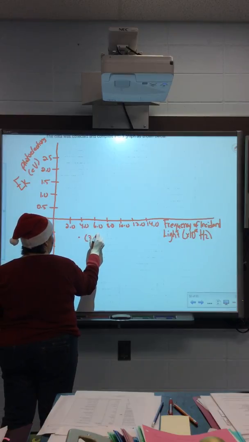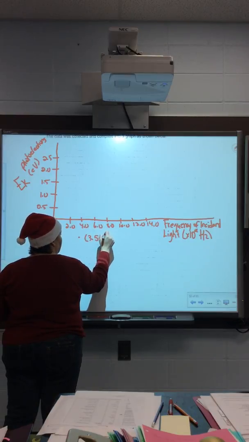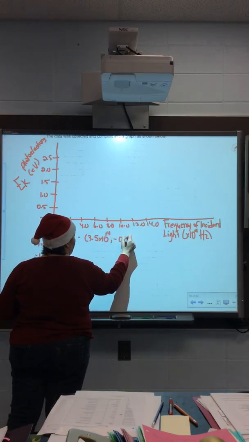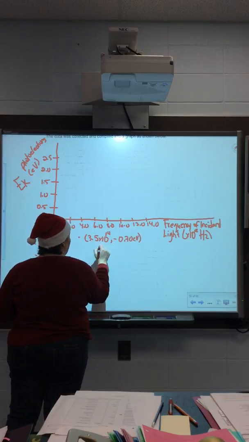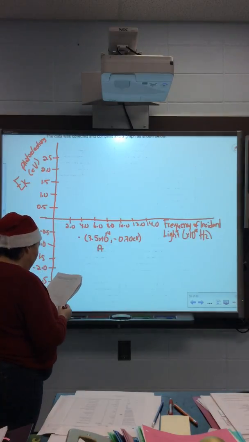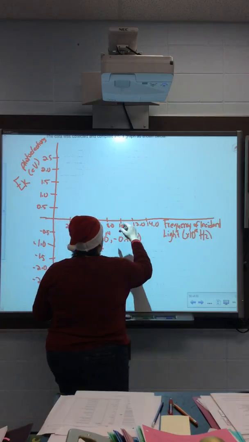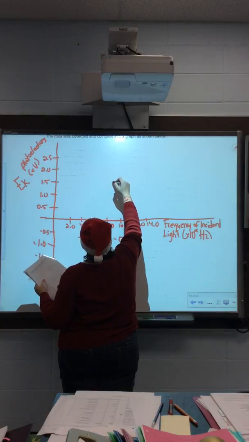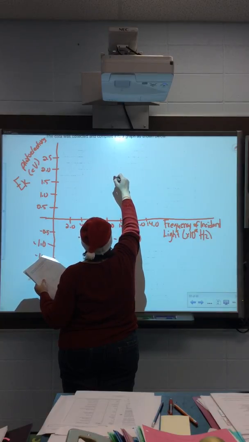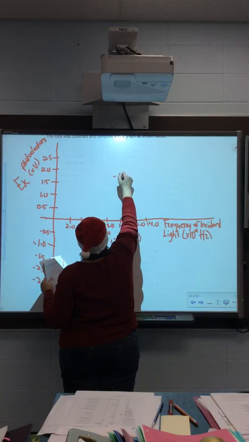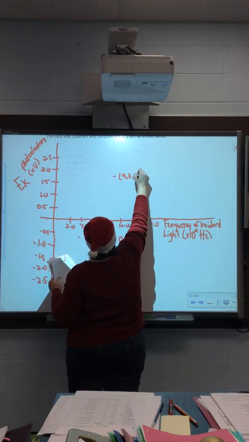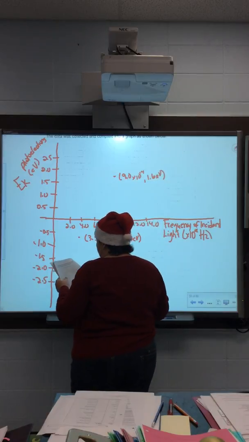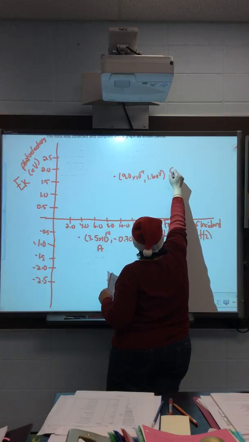So this is 3.5 times 10 to the 14 hertz and negative 0.70 electron volts. This is point A. And then point B, we are going to put at 9 and 1.6, so roughly about there, 1.6 electron volts. This is going to be point B.